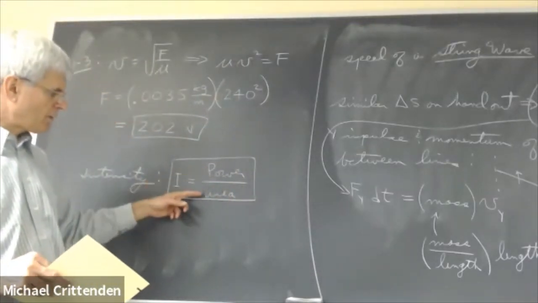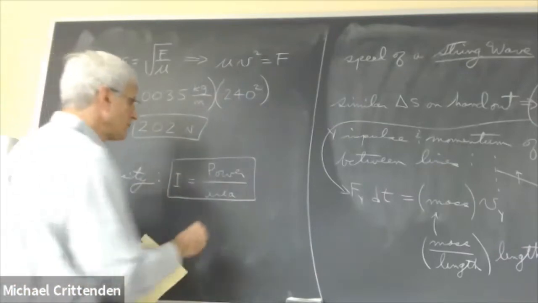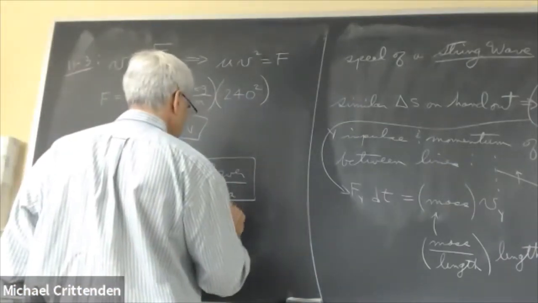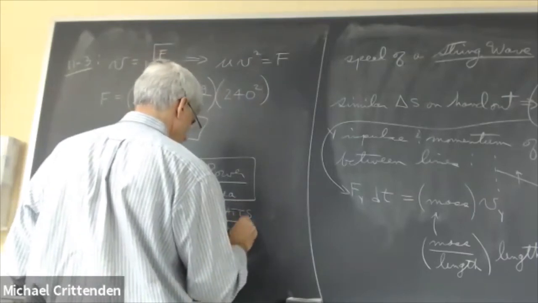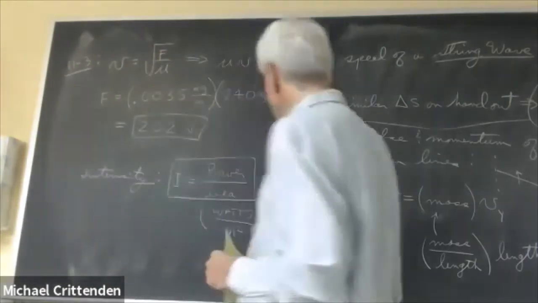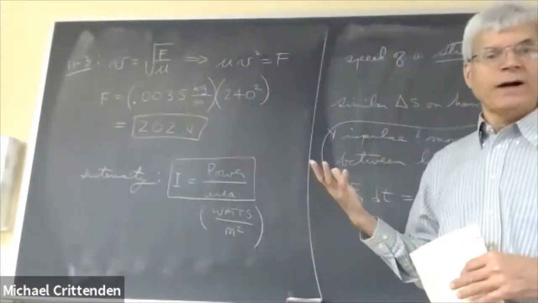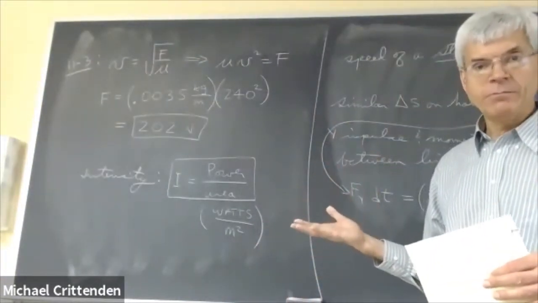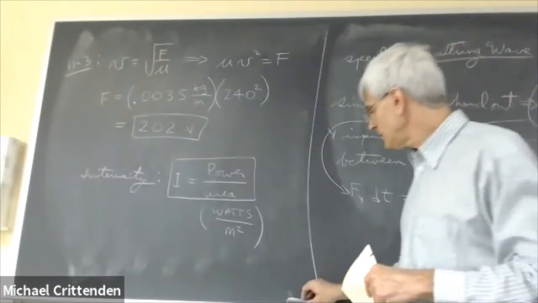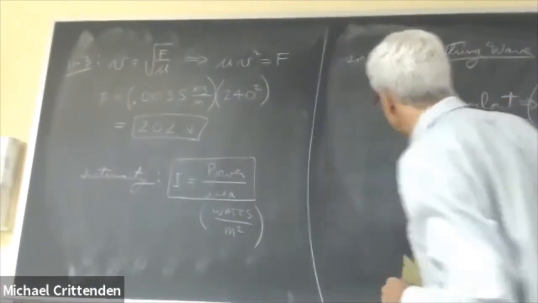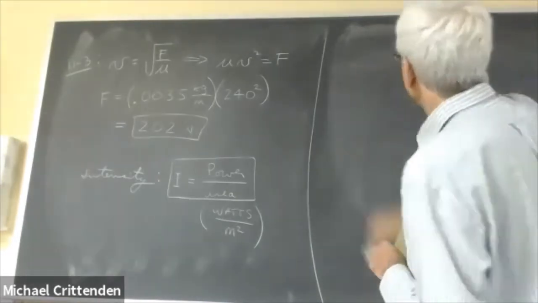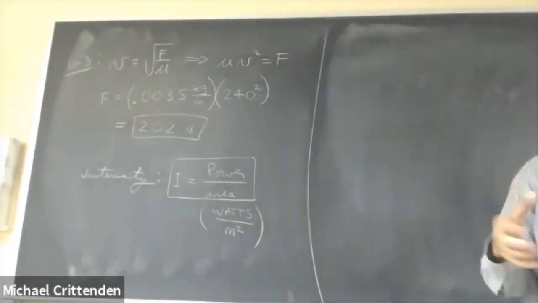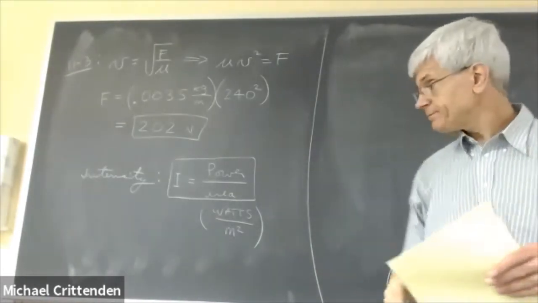Power is measured in watts, area is measured in square meters. So it's describing the energy carried by the wave. How many watts per square meter, how concentrated is the energy in the wave.